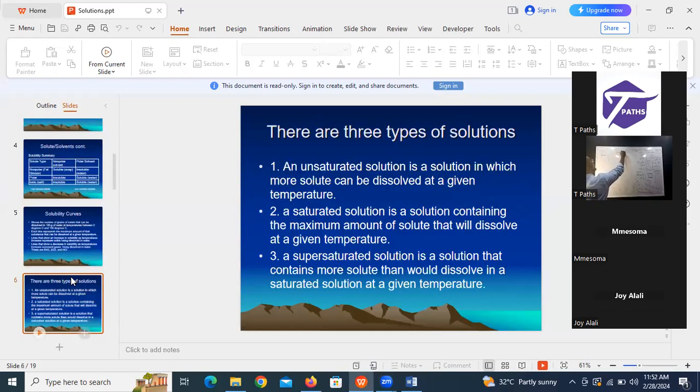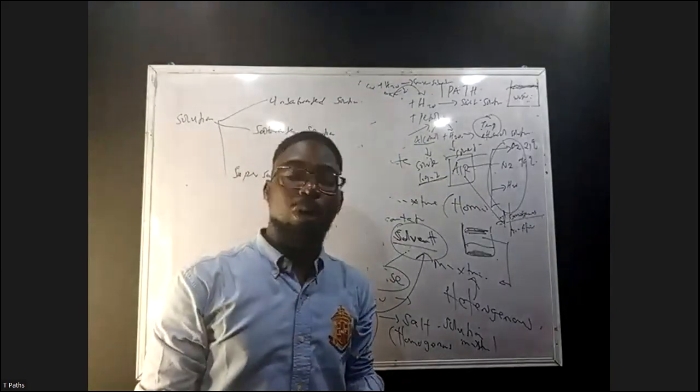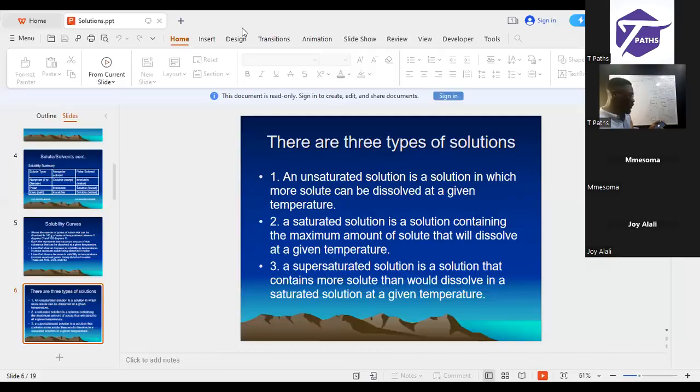The first one is unsaturated, the second one is saturated, and the third one is supersaturated. Now, when do we say that a solution is unsaturated, when is it saturated, and when is it supersaturated? Let's go.